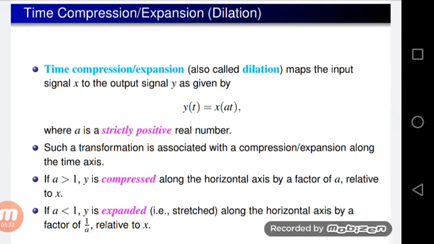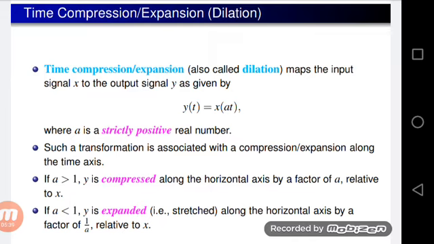The next topic is time compression or expansion, also called dilation.